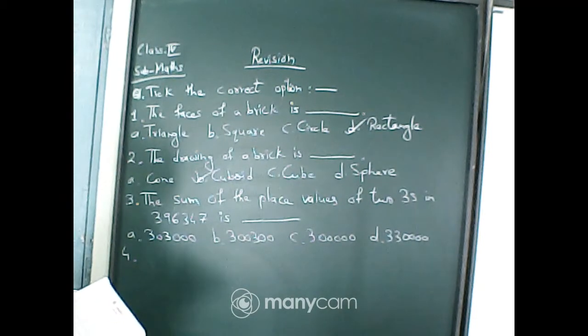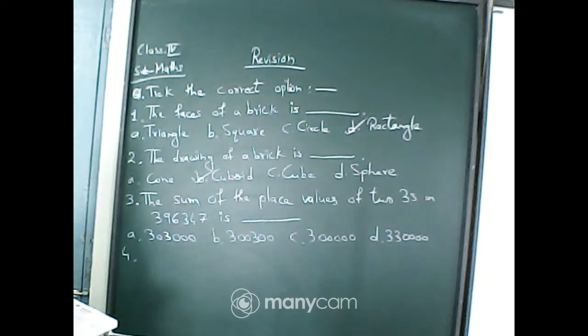Option number A, B, C or D? It is option number B. So give a tick mark in option number B.